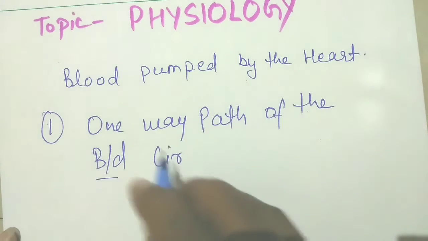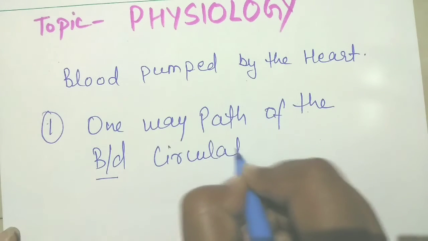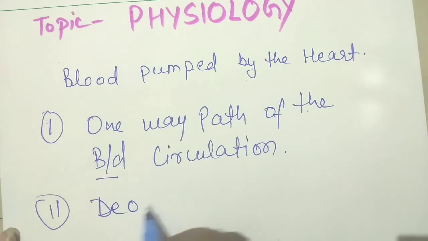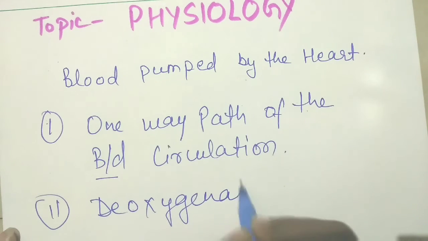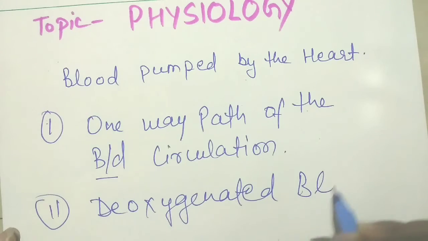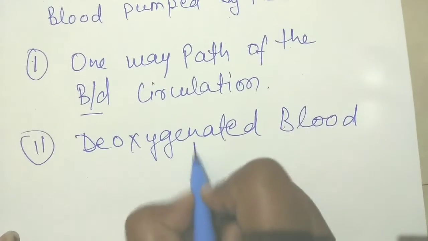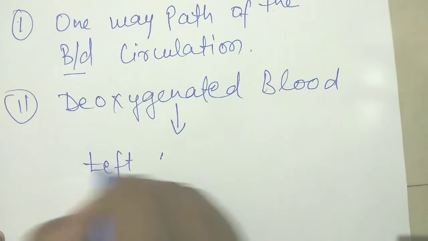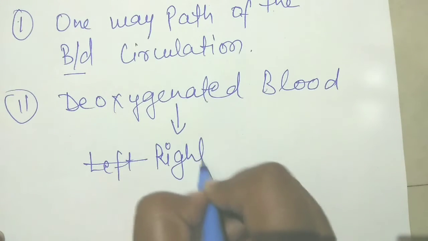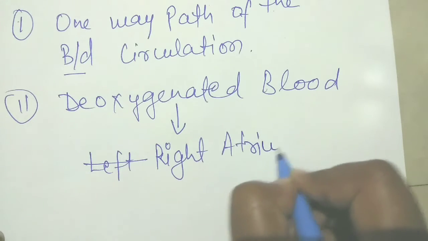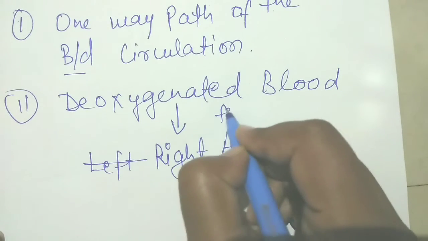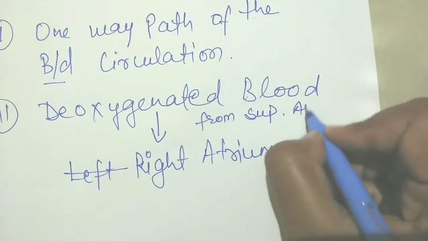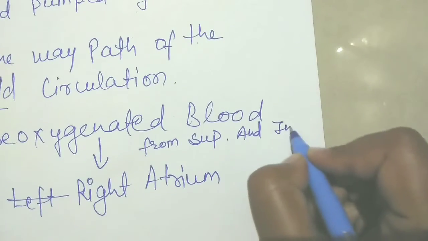Number two, deoxygenated blood comes into the right atrium from the superior and inferior vena cava.